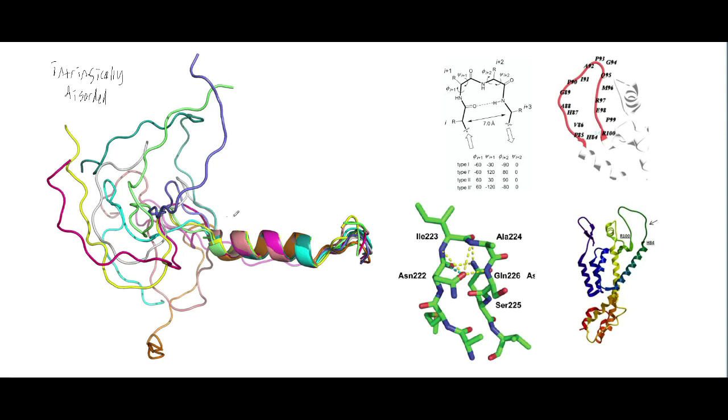This, you can see, we have different structures being superimposed on each other, and so you can see the different colors, which represent different polypeptides.